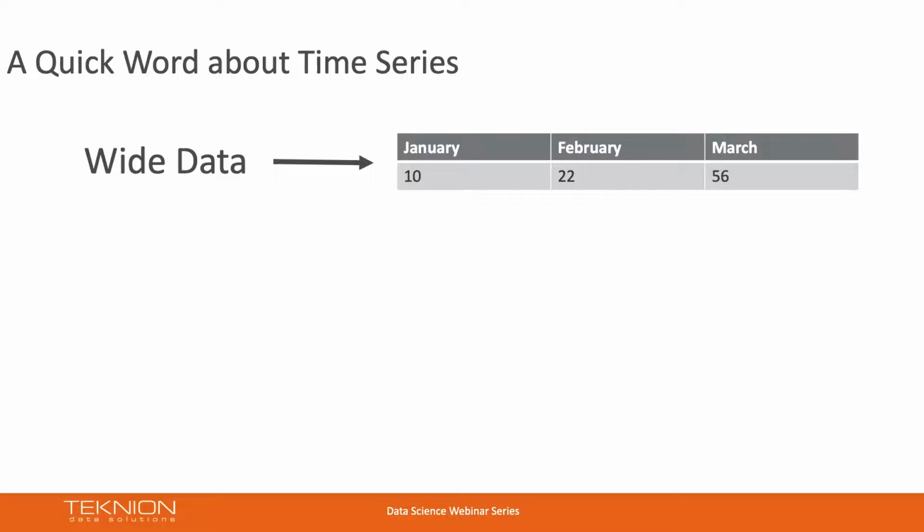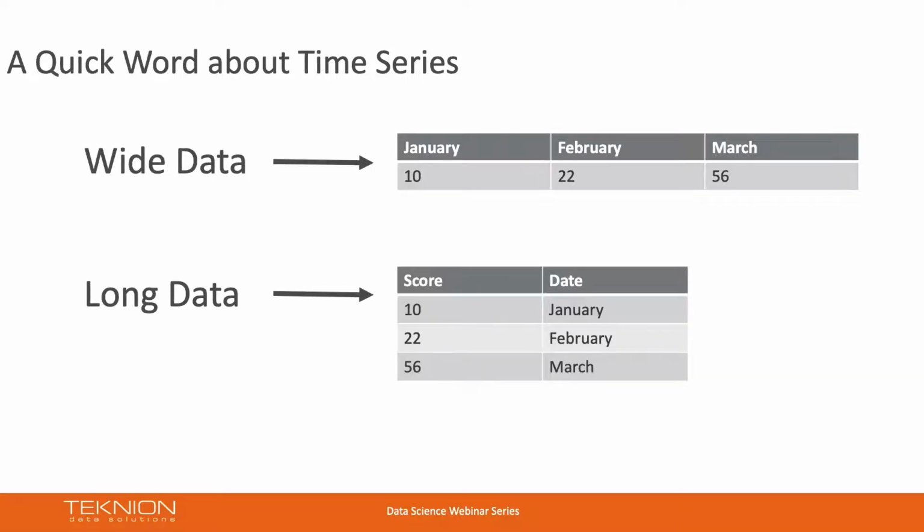January is one column, February is one column, and we just keep adding new columns to our data set. If this is stock prices, then each stock is at each time point. In order to analyze it, we're going to have to store it in what's called a long format, where we're pivoting that down.